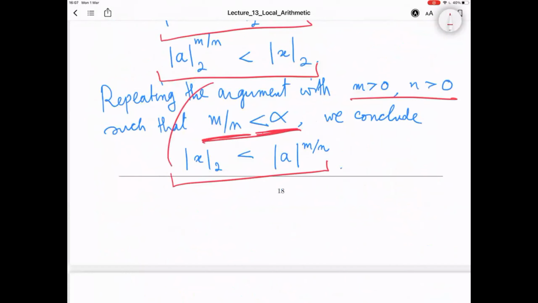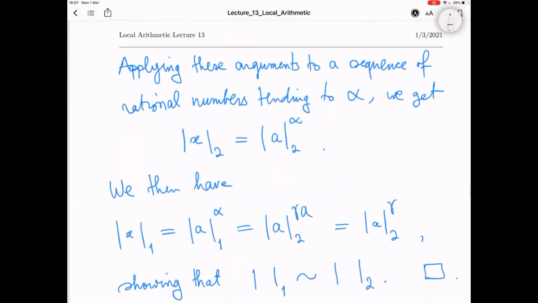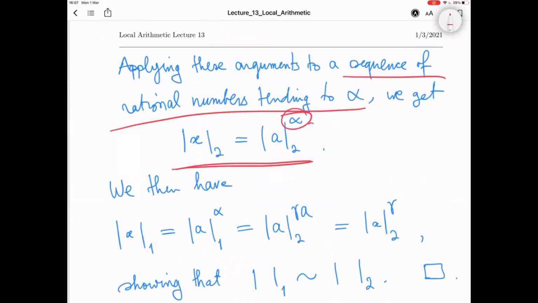The inequality will get reversed here, because I've reversed the inequality here. Now you take a sequence of rational numbers tending to alpha, and this will imply that norm 2 of x is exactly norm 2 of A to the power alpha.